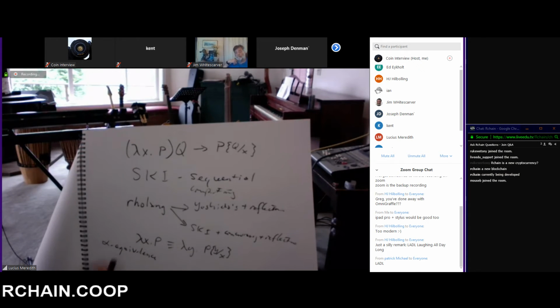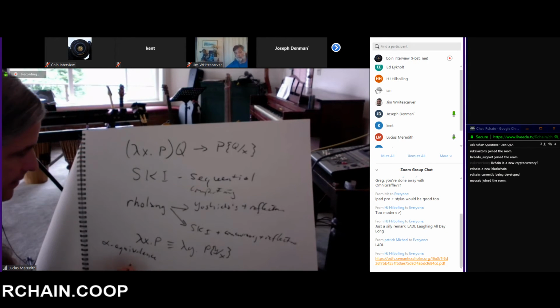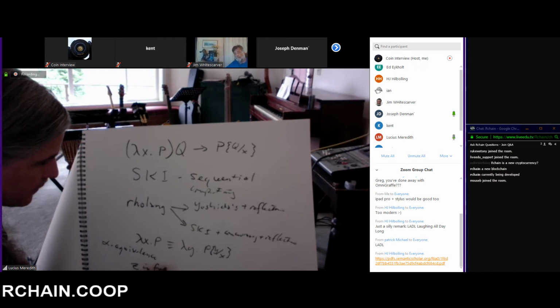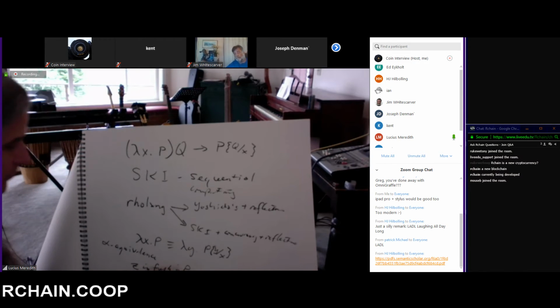So you're constantly having to keep these kinds of equivalences around. You also have to handle the idea that z is fresh in P, which means if you look at all of the names in P that aren't bound by some binder like lambda, then z is distinct from all of those.